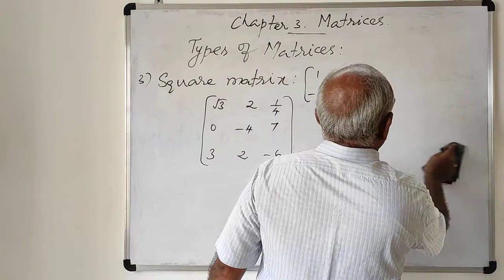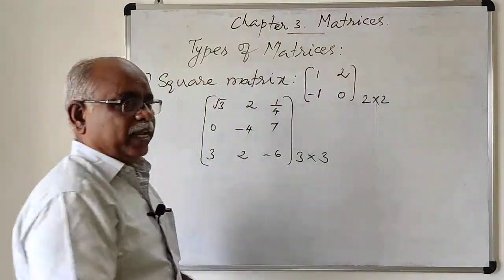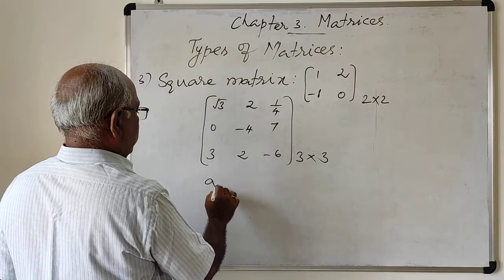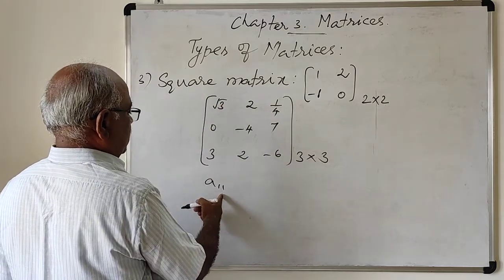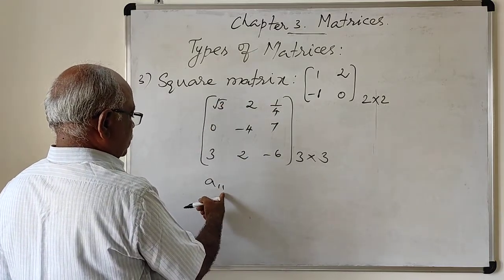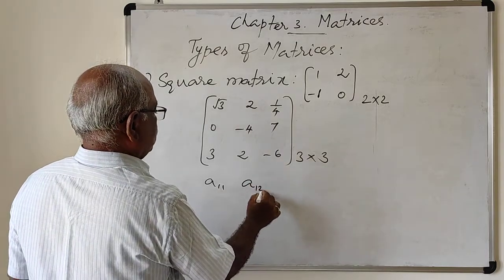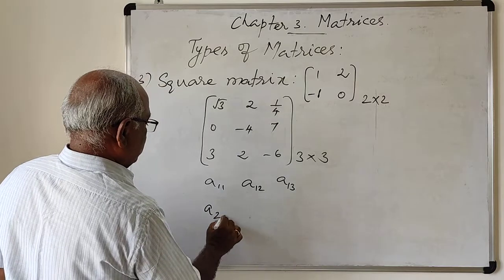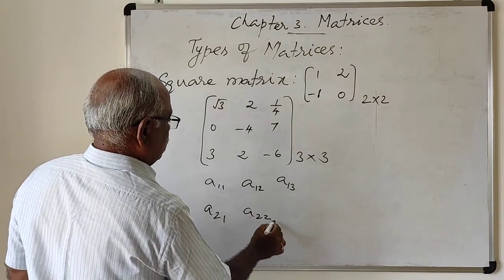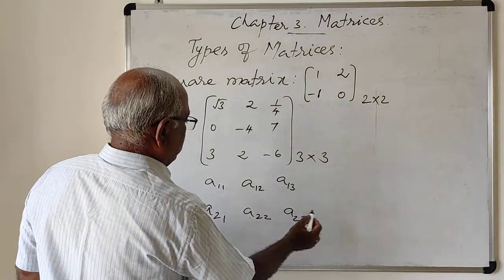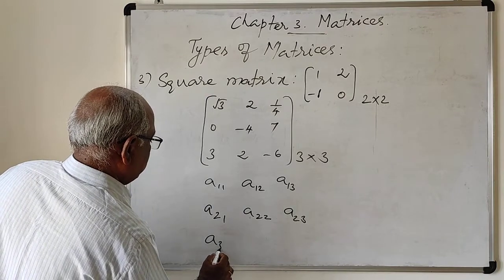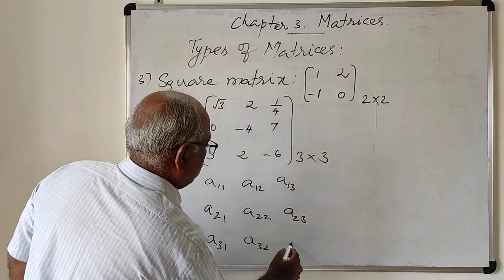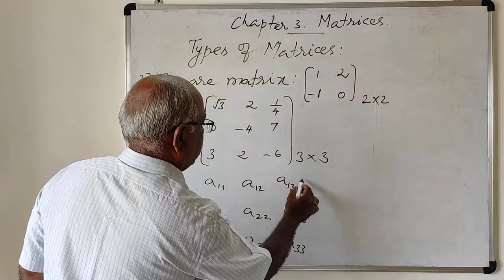In this square matrix, I am going to use one explanation. This is first row, first element. A11 is the first row, first column element. This is the first row, second column element. This is the first row, third column element. Similarly, A21, A22, A23, A31, A32, A33.